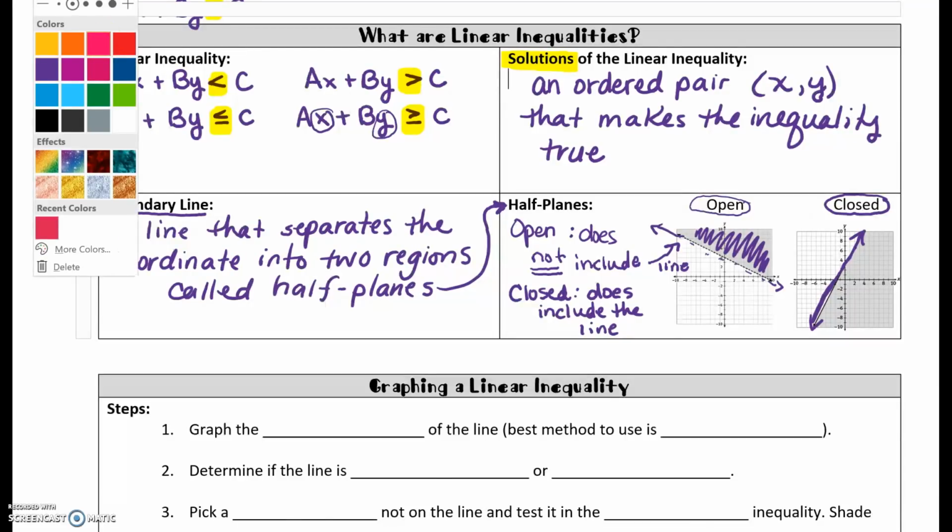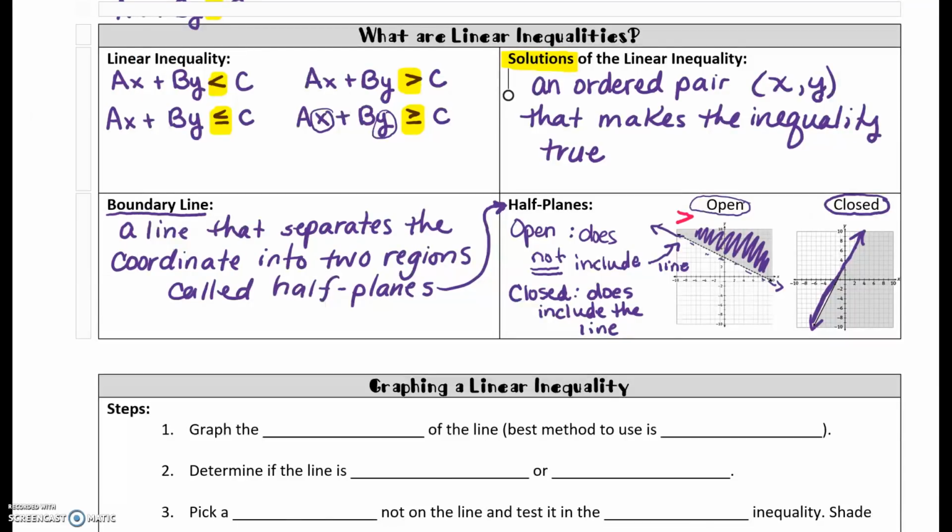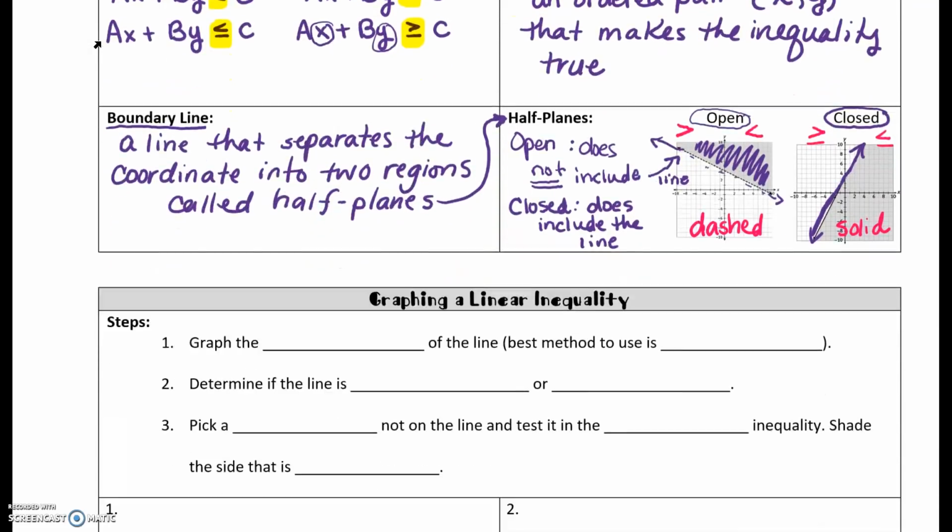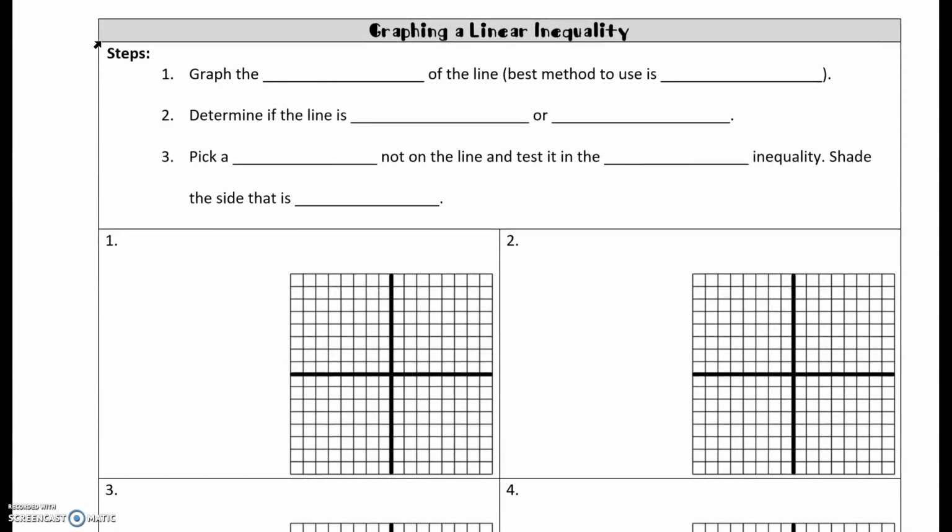For open, it is going to be greater than or less than because you are missing the equal to, so this is going to be dashed. And closed is going to be greater than or equal to or less than or equal to, and this is going to be solid. So now let's see how we actually graph a linear inequality.